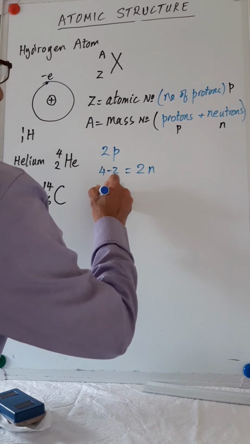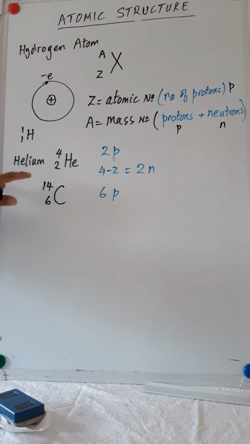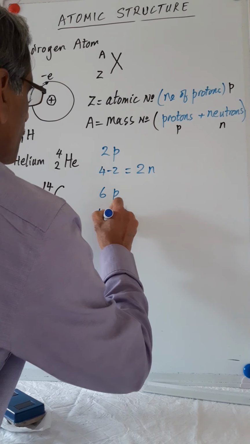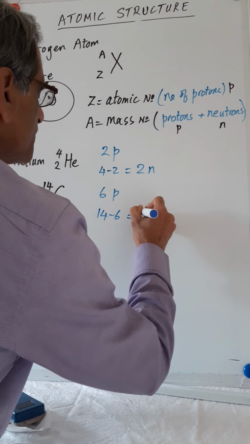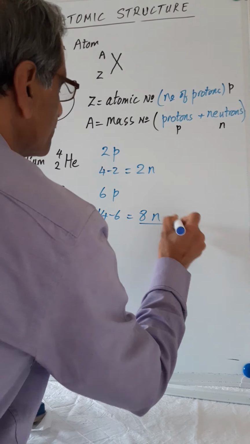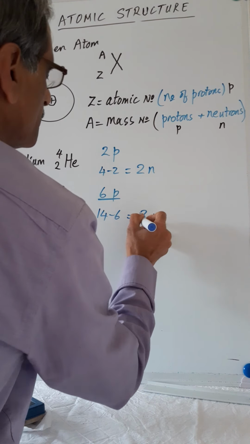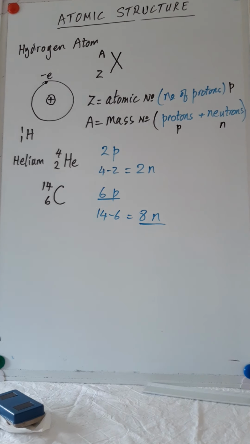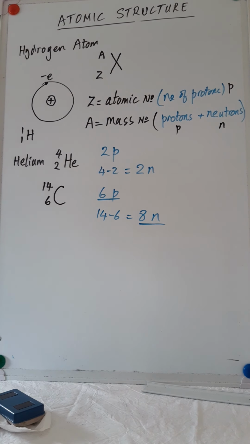So that means it's got 6 protons. And how many neutrons will it have? 6 plus something has to make 14, which means 14 take away 6, which is 8 neutrons. It's got 6 protons and 8 neutrons. So you've got to familiarize yourself with this notation.